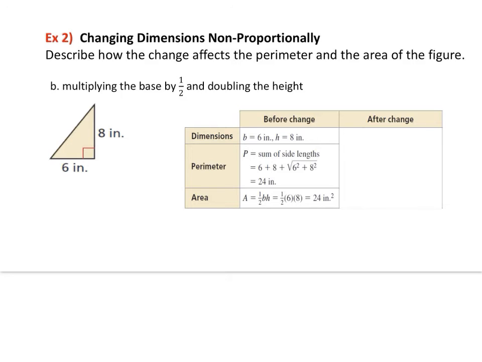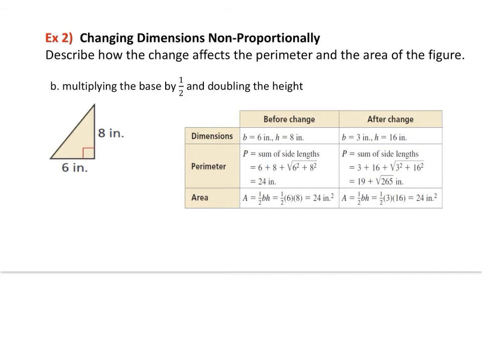So let's see what happens when I multiply the base by 1/2 and double the height. So that gets us a base of 3, height of 16. Plug in, which means I have to do Pythagorean theorem again. I get an imperfect square root. Simplifying to square root of 265 plus the 19 in front.